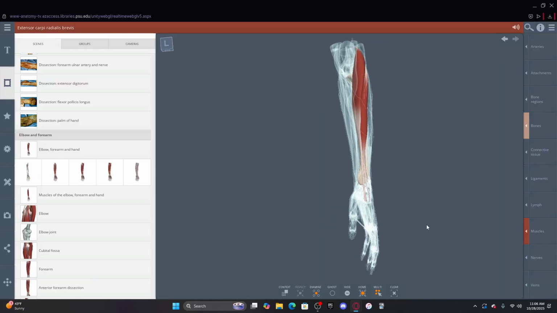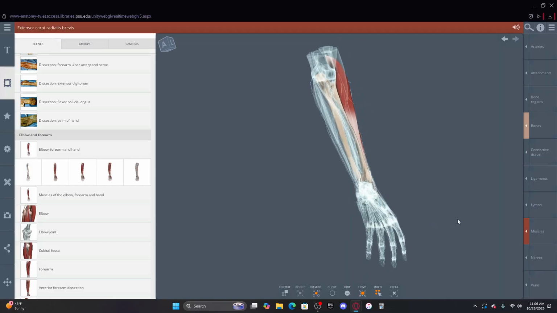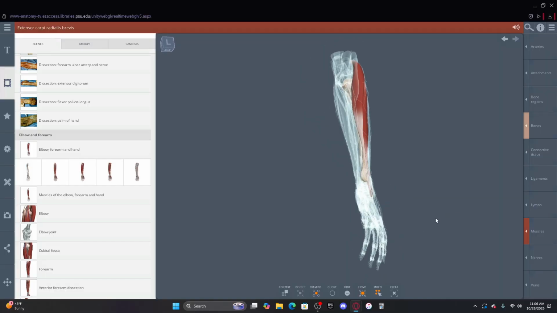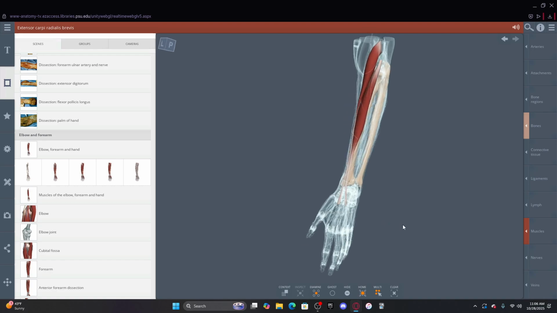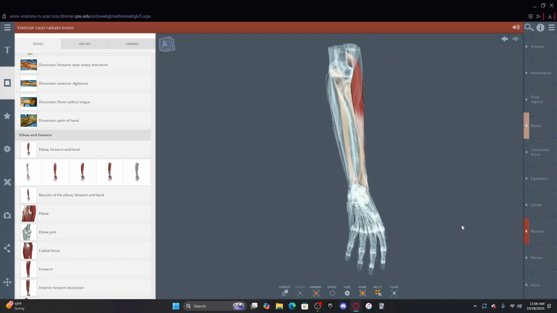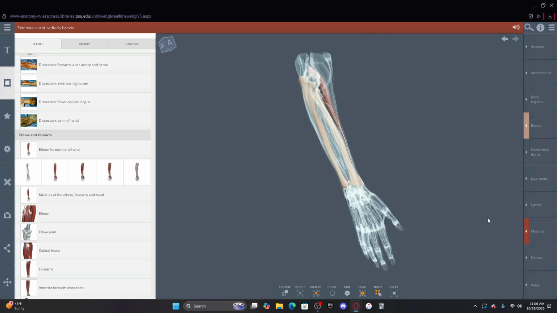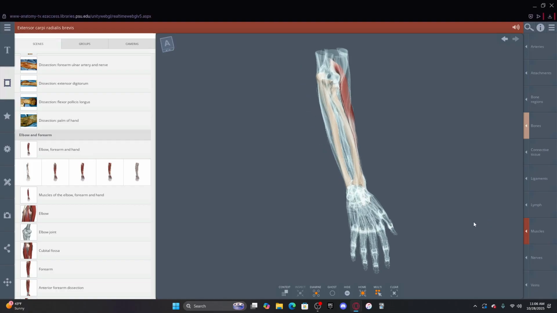Extensor carpi radialis longus and brevis go from the lateral forearm, humerus, all the way to the metacarpals, right? And they extend and abduct the wrist. So extend and abduct the wrist.